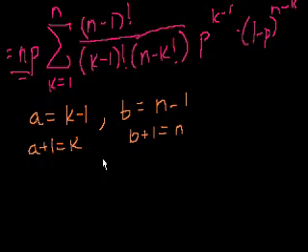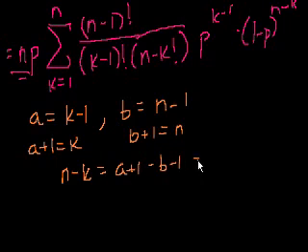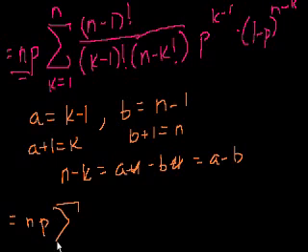So then n minus k would be equal to b plus 1 minus a plus 1, which is equal to, these would cancel out, b minus a. And let's see if we can simplify this. So this whole sum will then turn into np times the sum from, okay, when k is equal to 1, that's the same thing.